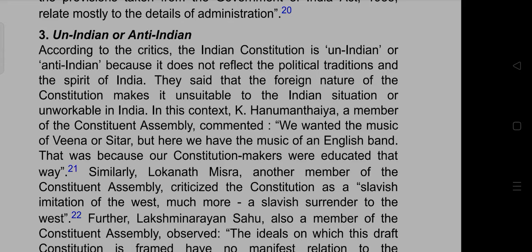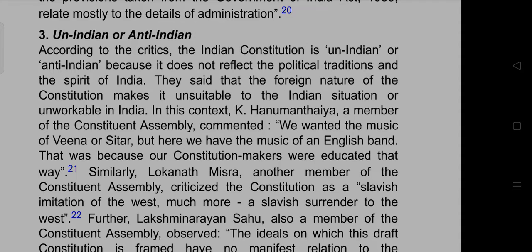According to the critics, the Indian Constitution is un-Indian or anti-Indian because it does not reflect the political traditions and the spirit of India. They said that the foreign nature of the Constitution makes it unsuitable for the Indian situation or unworkable in India.